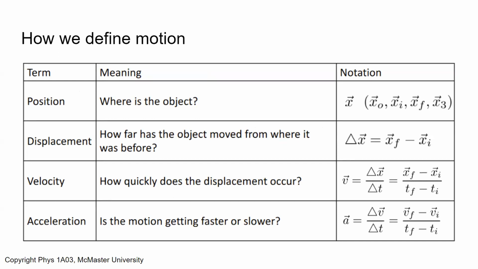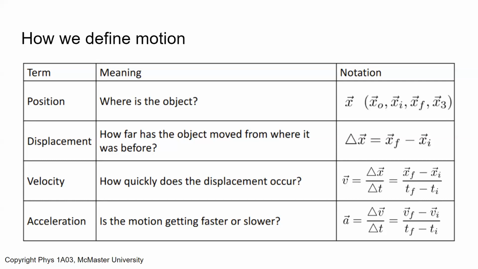So for position, position is where a certain object is in space. So it's in reference to something. And then displacement is different from distance. So this is a really important distinguishing factor.